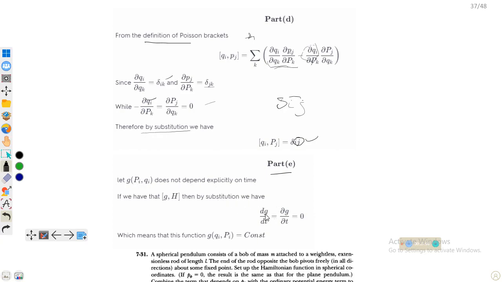Then our total derivative dg over dt, as we have written at the start of the question, is partial g over partial t plus the commutator of g and h. If g and h commute, this term will also be 0. And the second statement is that g does not depend upon time, so this partial derivative goes to 0. Then dg over dt will be 0.